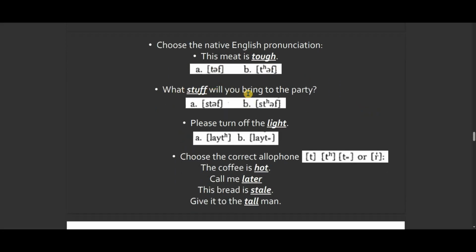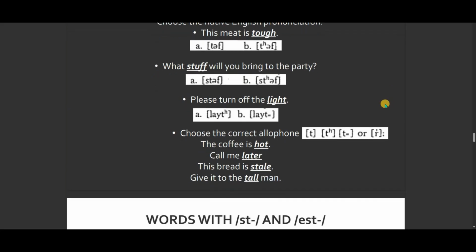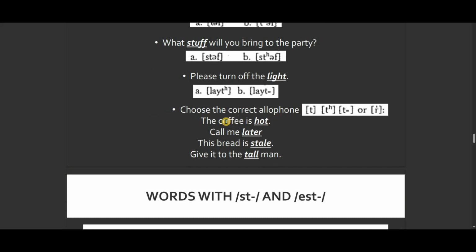What stuff will you bring to the party? Please turn off the light. Choose the correct allophone. The coffee is hot. Call me later. This bread is stale. Give it to the tall man.